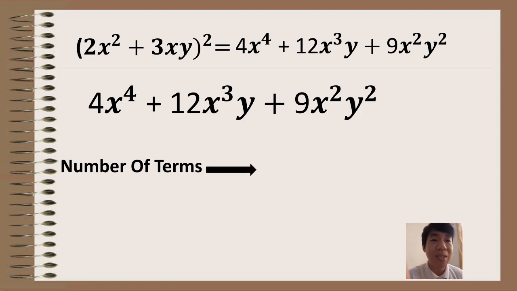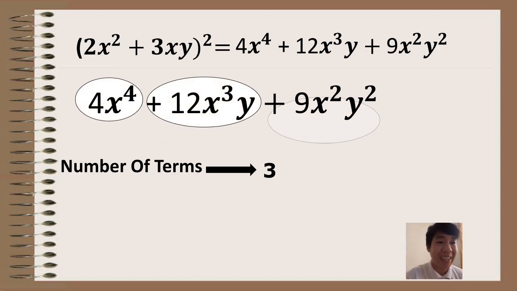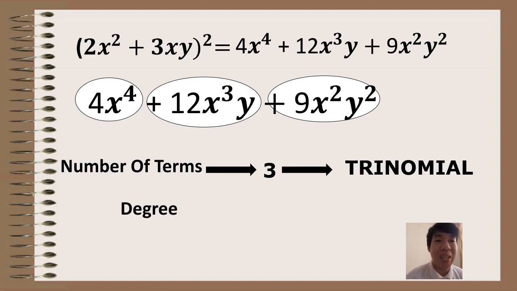Number of terms, 3: 1, 2, 3. Then, we can name it as trinomial with a degree of 4, right? 4, because every term has the highest exponent of 4.